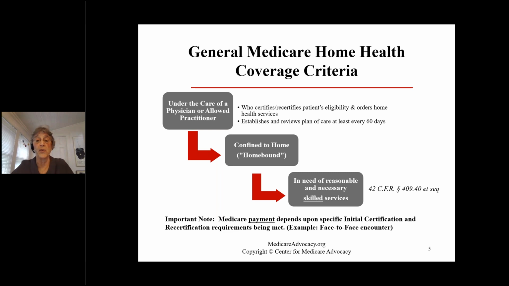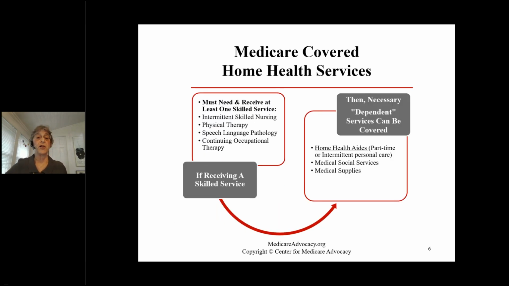It's important to note that the Medicare payment depends upon specific initial certification and recertification requirements being met. For example, that the skilled practitioner has seen the patient face to face and has certified that the individual is homebound.